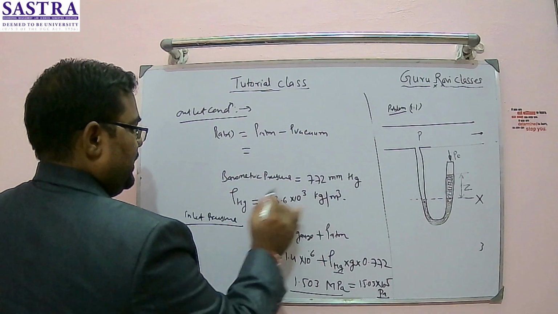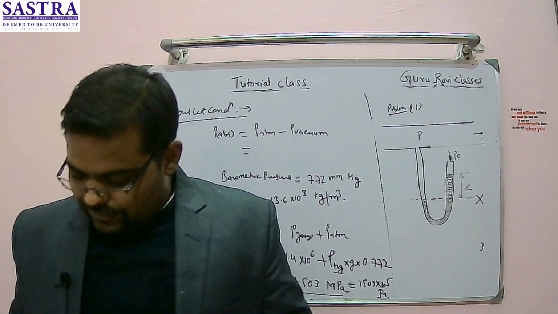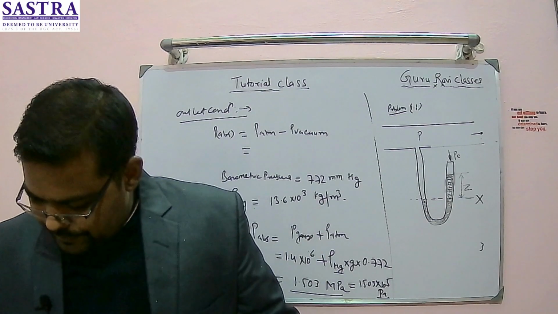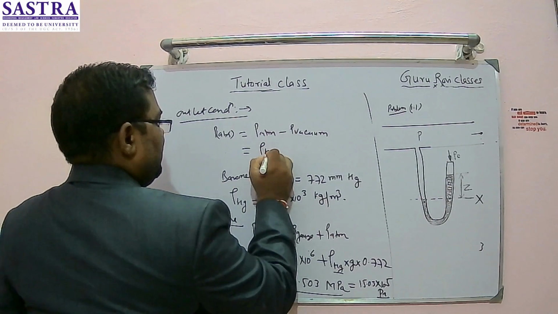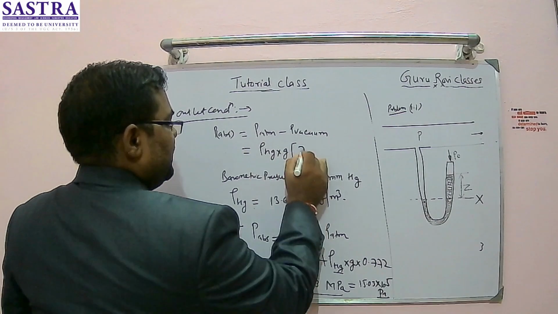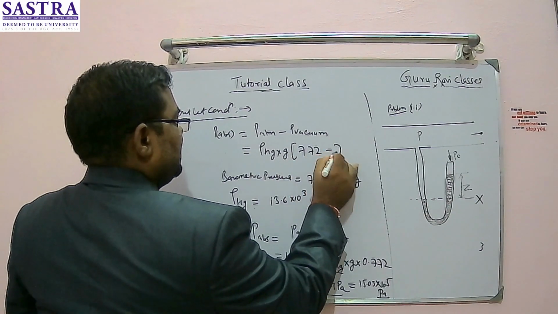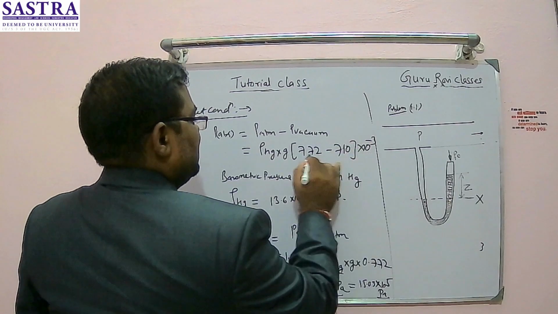So basically, the vacuum pressure at the condenser was given around 710 mm Hg. So I can say here rho × g × Z, where atmospheric is given as 772 minus 710, and 10 to the power minus 3. Why this minus 3? This is in mm.